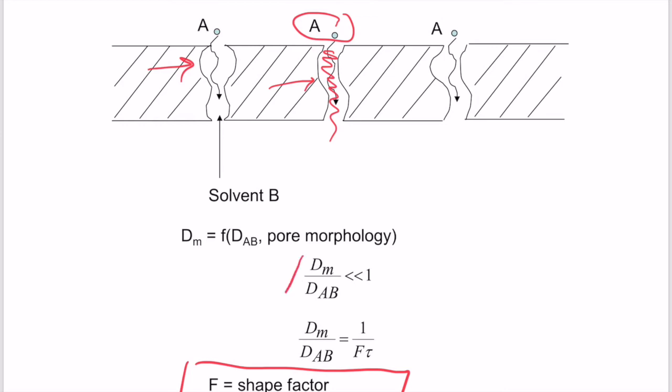And so the diffusivity of the membrane, D sub M, is going to be less than the diffusivity of A through that solute B without any membrane in the way.